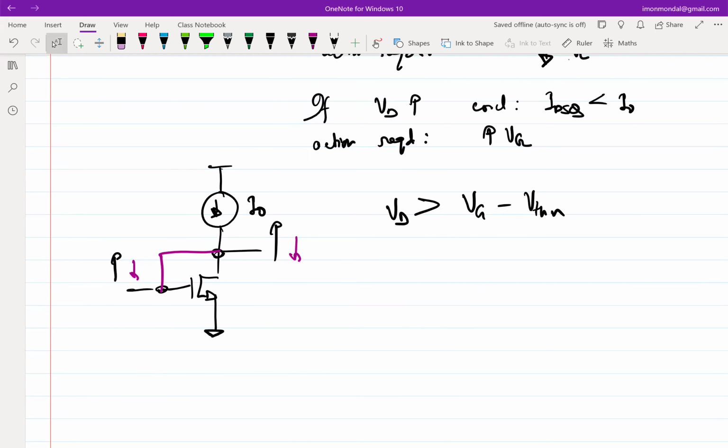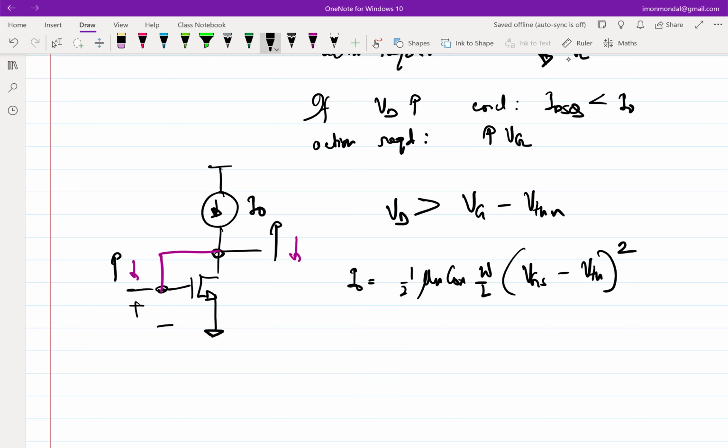So now the interesting part about this is, let me write out the current equations. In this case, the VGS is getting set up by the current source, because you have some way of feeding back the information from the output to the input.